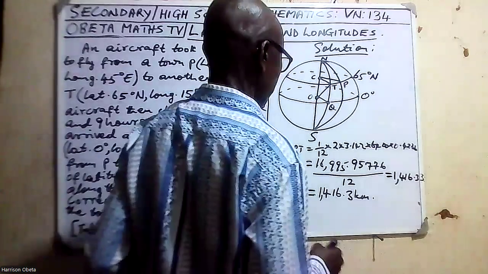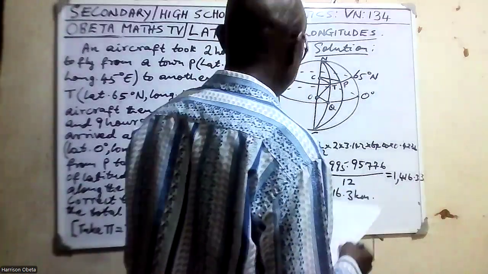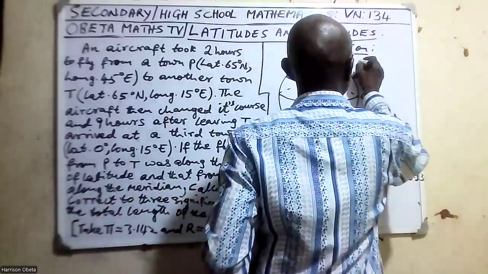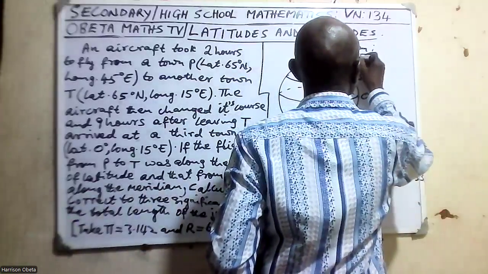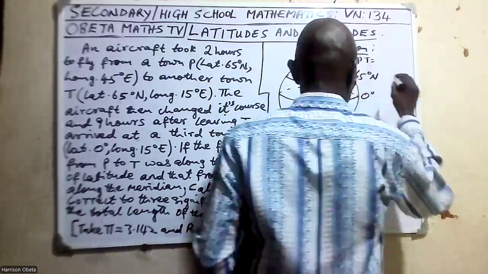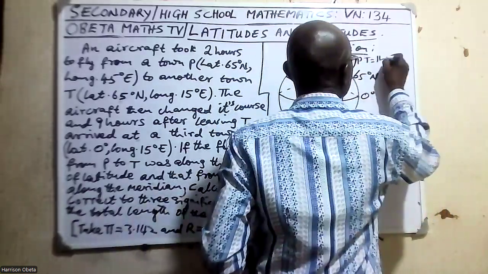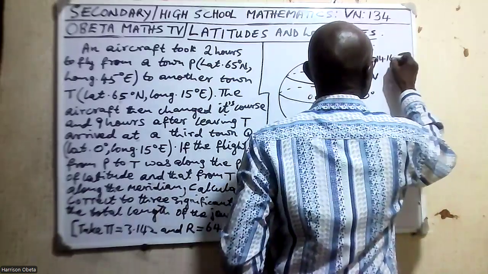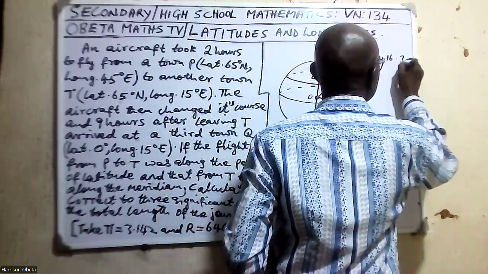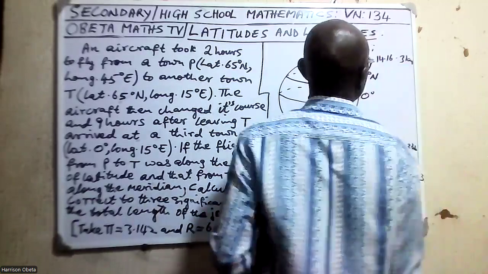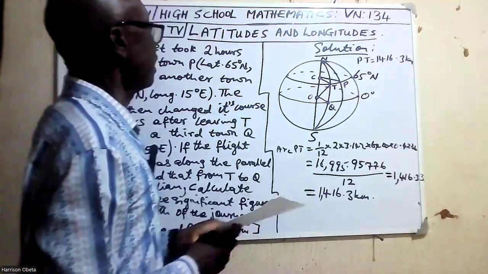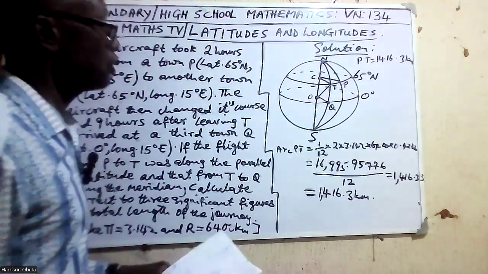So we can keep it somewhere and then go ahead and find from T to Q. So we have PT equal to 1416.3 kilometers. Okay. Then we are now going to check TQ.